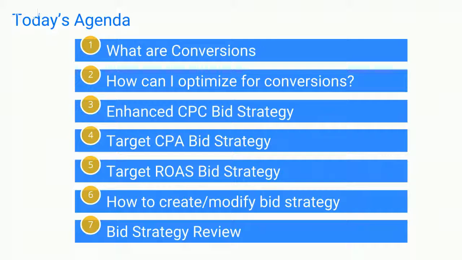We're going to highlight three in particular today: the enhanced CPC or enhanced cost per click bid strategy, the target CPA or target cost per acquisition bid strategy, and the target ROAS or target return on ad spend bid strategy. So a lot of abbreviations. We'll break it down though. We'll go into the specifics, and then at the end we'll dive into the implementation before a quick review and a Q&A. Without further ado, I'll turn it over to Carrie to introduce us to our conversion options.